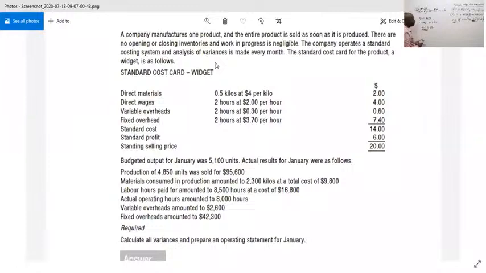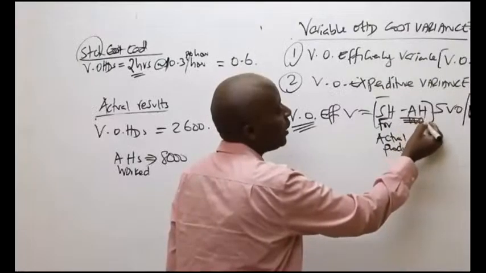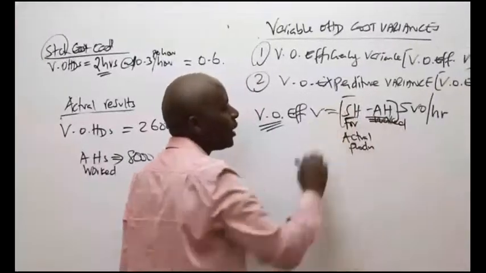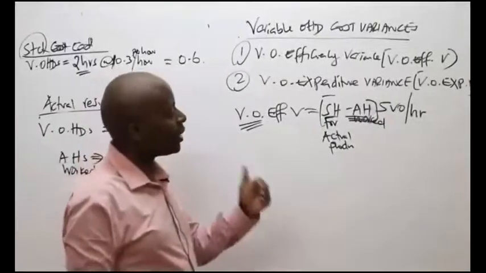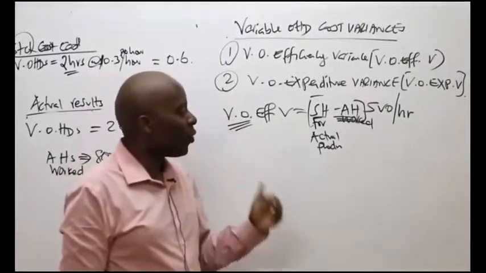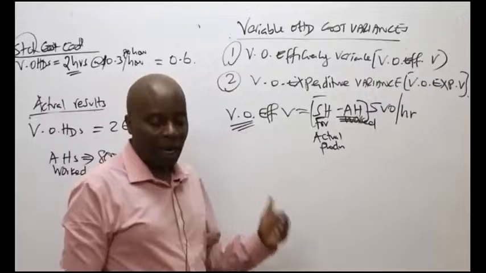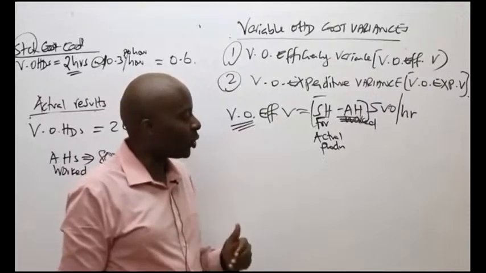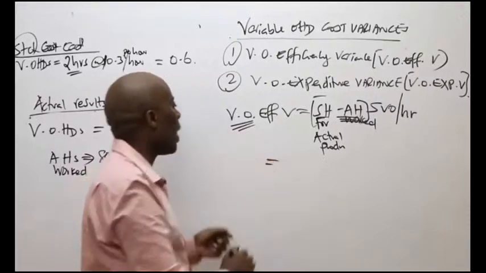Listen to me very well, my great students. This capital SH, don't forget, stands for standard hours for actual production. These are the actual hours worked. So write somewhere in full: SH stands for standard hours for actual production.